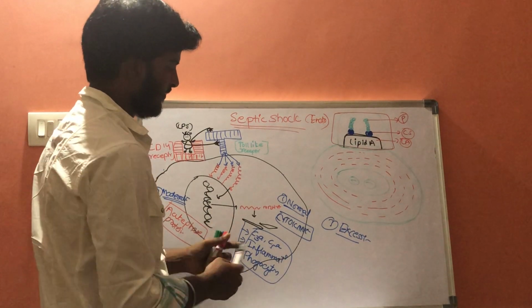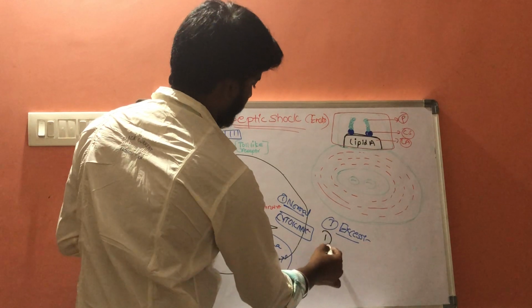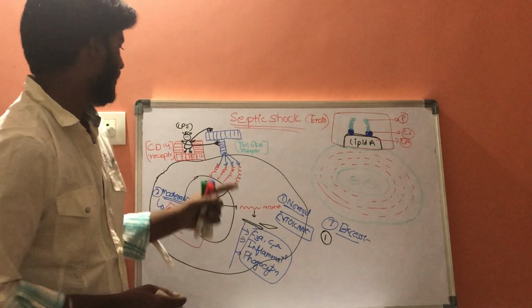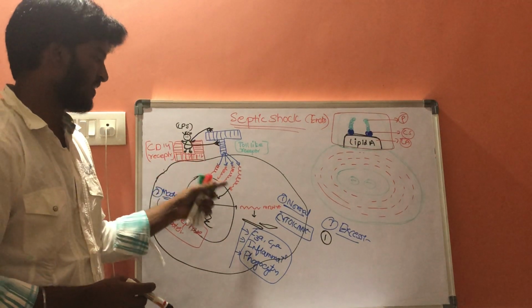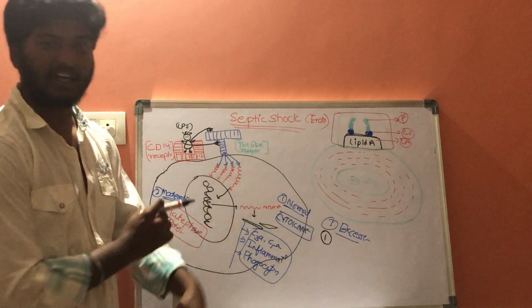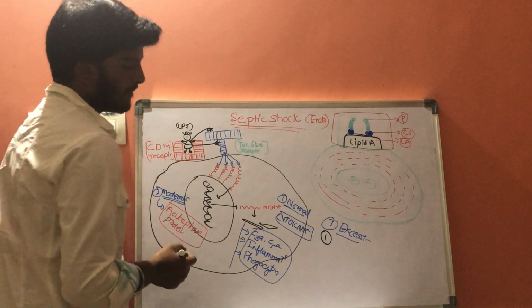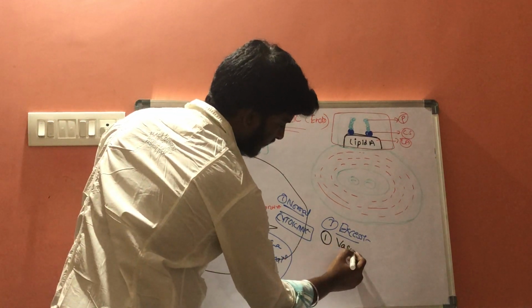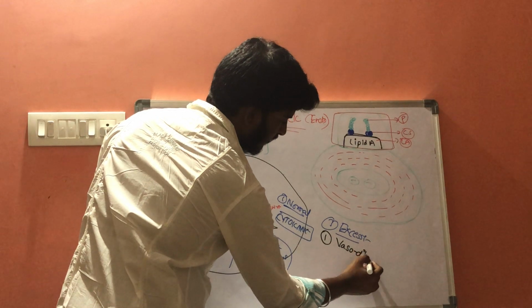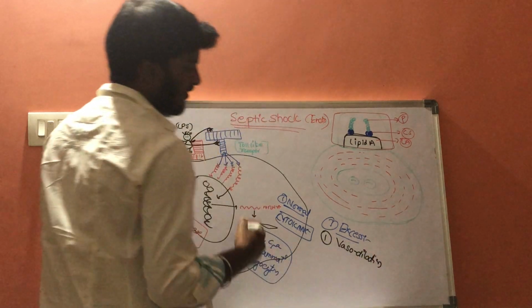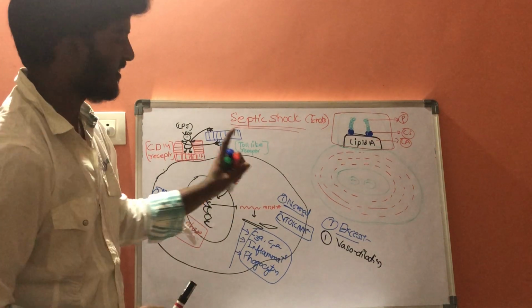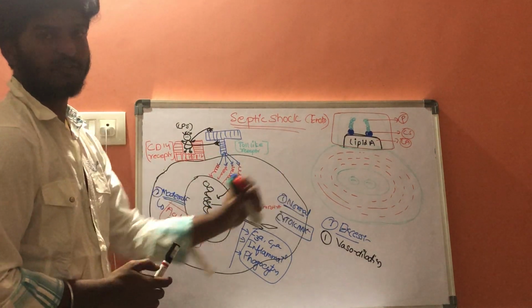If there is excess activation of toll-like receptors, if there is more production of these cytokines, the first function is vasodilation. Whenever vasodilation is taking place, it results in decrease of blood pressure.